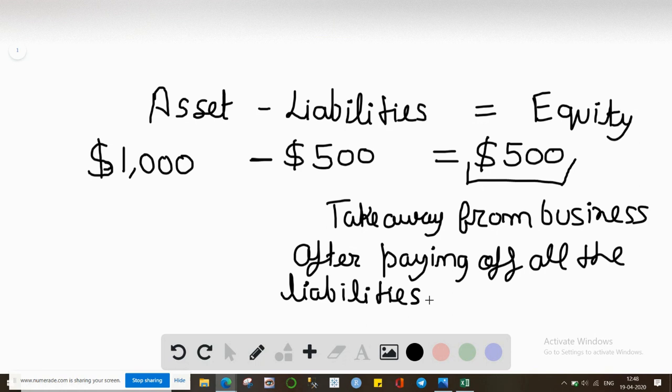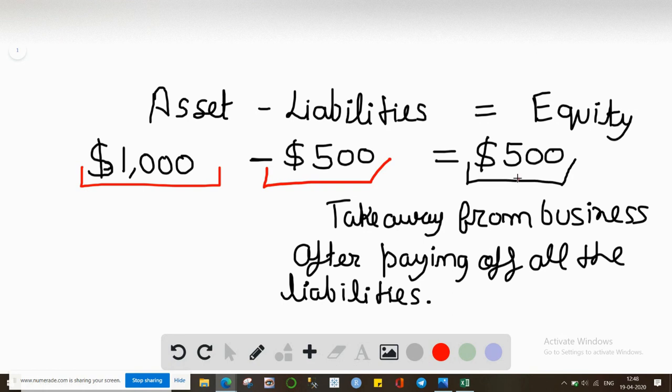Suppose you have $1,000 of assets that are recoverable from the customers. But you also have liabilities of $500 that you have to pay. So after netting the recoverable and payable amounts, you have $500 of equity.